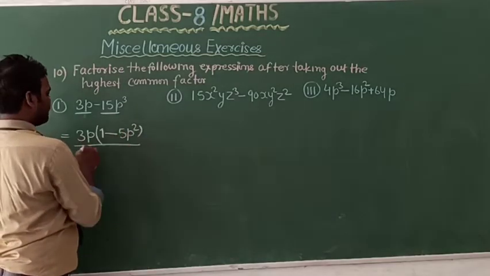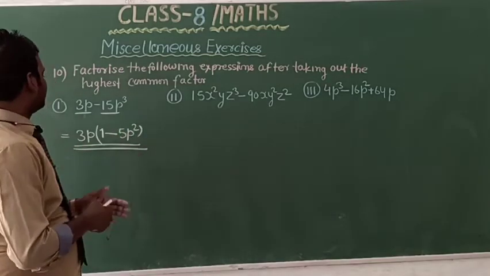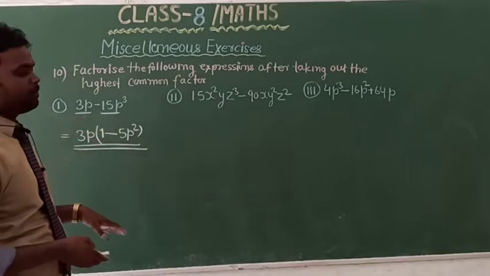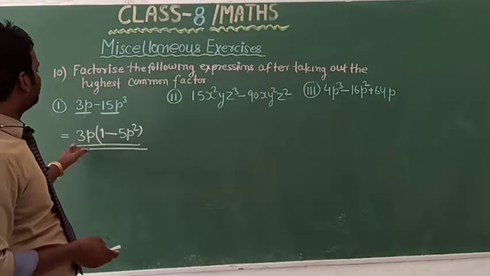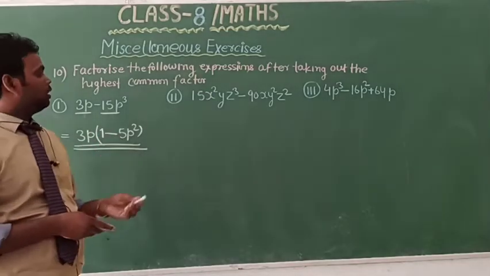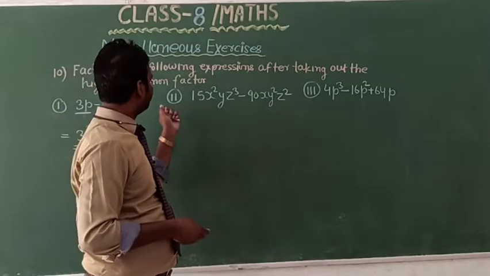So these are the factors of the first part: 3p minus 15p to the power 3 is equal to 3p in bracket 1 minus 5p square. Now move to the second part.